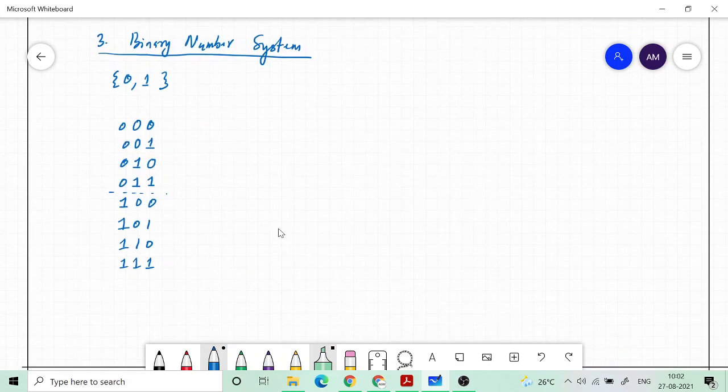So this corresponds to a decimal 0, then 1, then 2, this is our 3, this is our 4, 5, 6, 7. That's all that is possible with 3 digits.